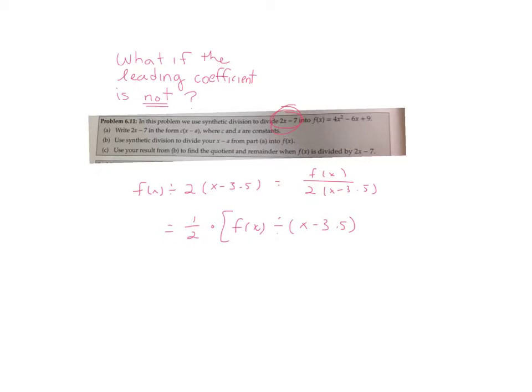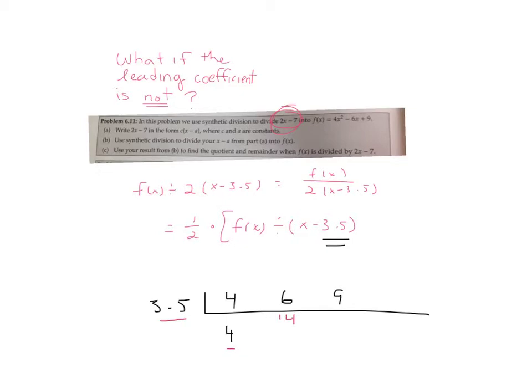So I could set up 3.5, and then 4, 6, 9. And we start with, this just starts with 4. So then we have 3.5 times 4, which is 14.